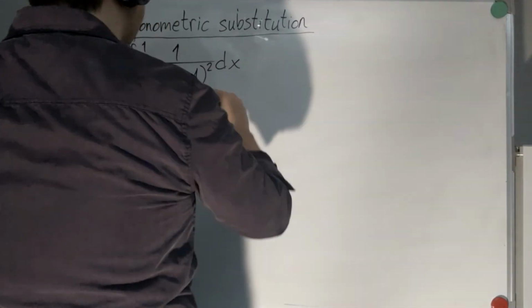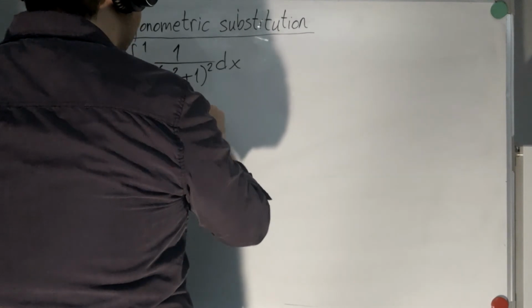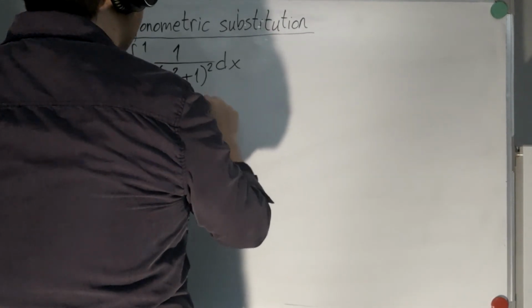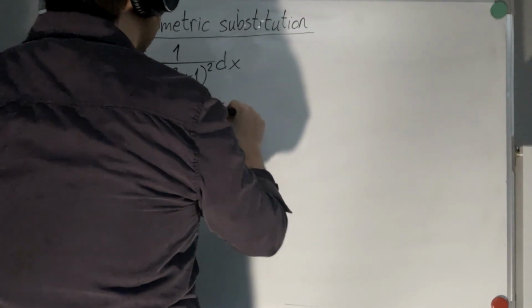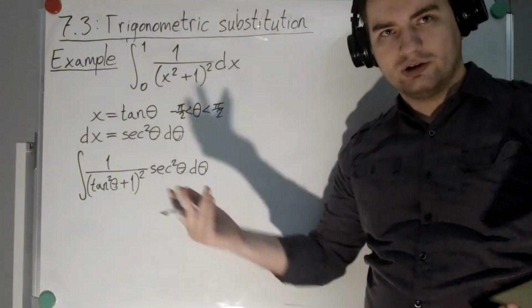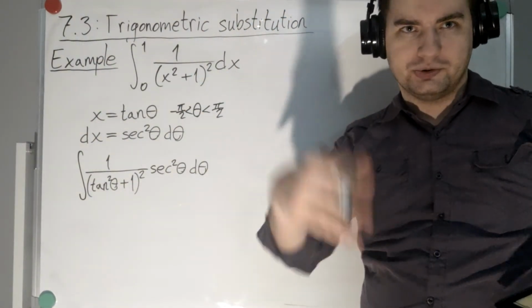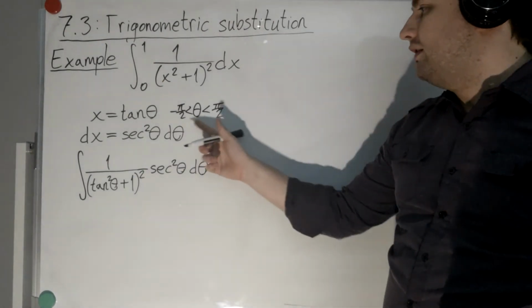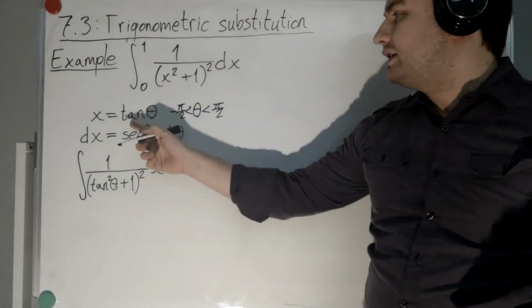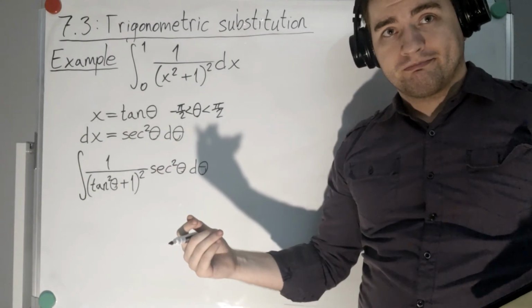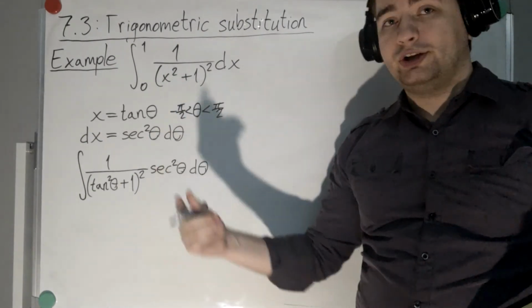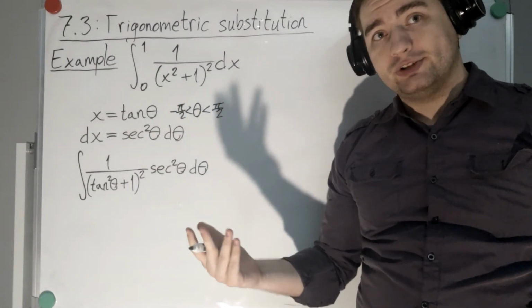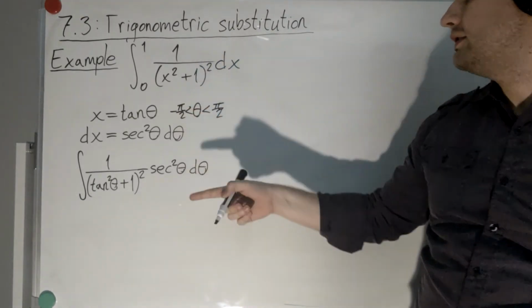Assuming that theta is greater than negative pi over 2 and less than pi over 2. Of course, the range, again, depends on the substitution. I mentioned that at the beginning of the lecture. But yes, in this range, when do we get tangent of theta to be 0? The answer is when theta is 0. Tangent of 0 happens to be 0. So then in that case, our lower bound is now 0.